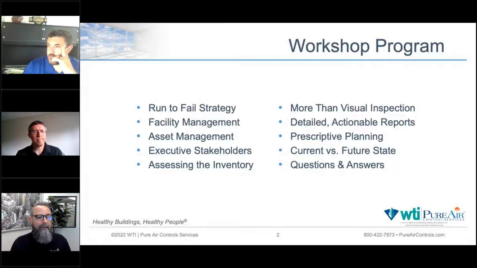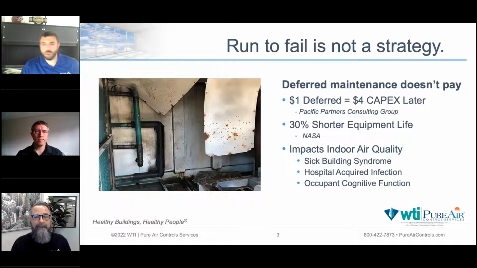So when we start to talk about HVAC equipment, mechanical equipment, and building maintenance, all too often, and of course over the many years that we've been doing this, indoor air quality and HVAC, we've found that many facilities, many organizations operate on what's called a deferred maintenance program, where they're doing just the minimum to keep the equipment running, putting out fires, which is also referred to as a run to fail strategy, which I said earlier is not much of a strategy at all.